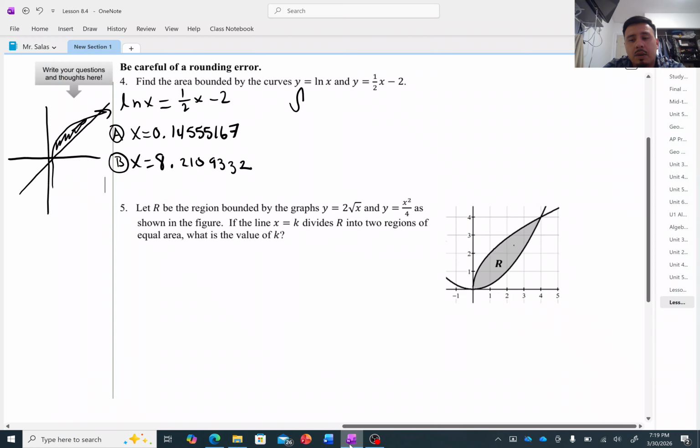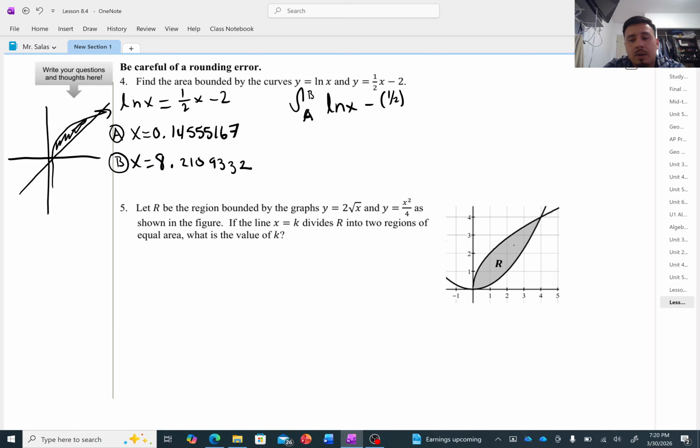When you create your integral, your lower bound is going to be A, your upper bound is going to be B. You type the A and the B, so that way you don't type out the whole decimal values. The natural log of x minus parentheses 1 divided by 2x plus 2 dx.